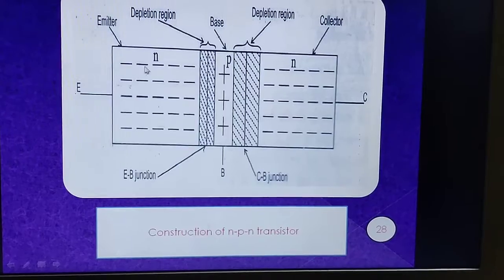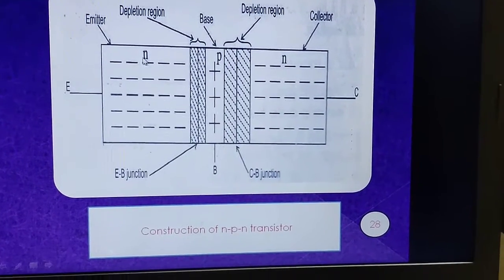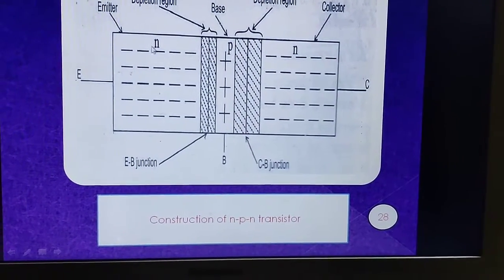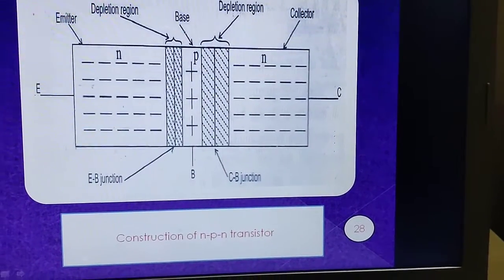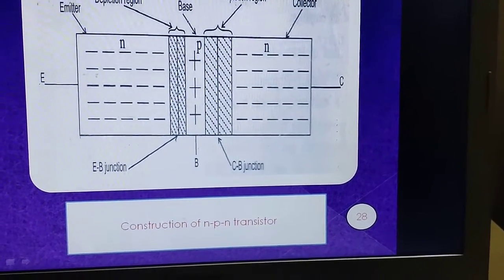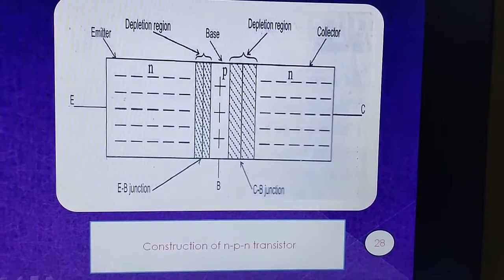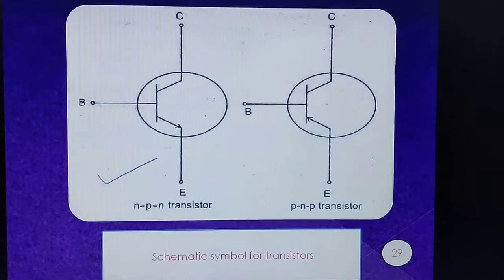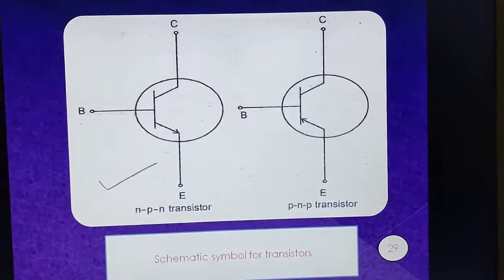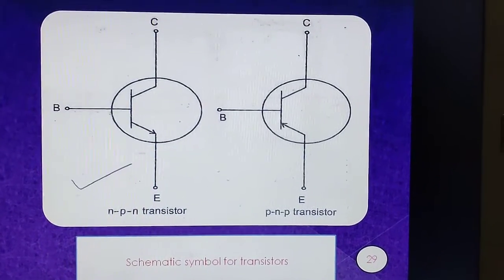The transistor can be of a different type also. Besides NPN, we have a PNP type of transistor also, in which the N type is sandwiched between two P layers. So this is the schematic symbol of the NPN transistor and the PNP transistor.